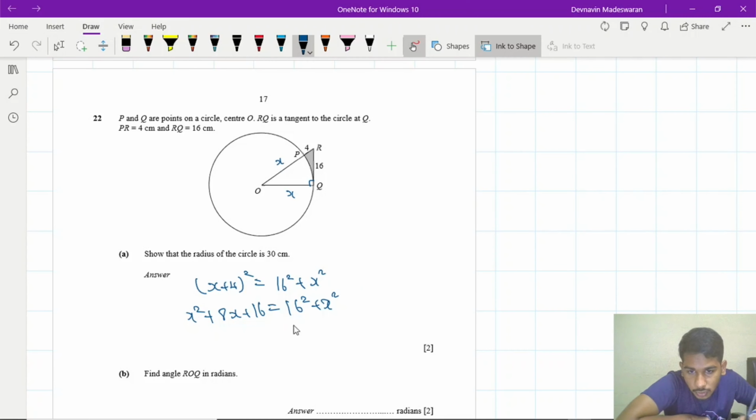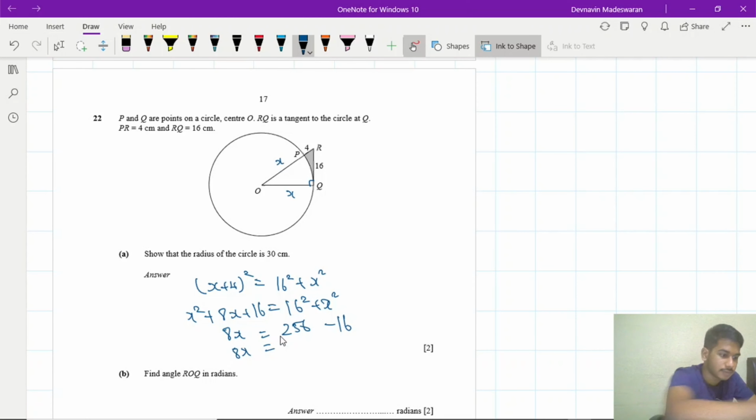The x squared will go away. So 8x is equal to 256 minus 16, which is 240. So x is 30, as we were asked to show.